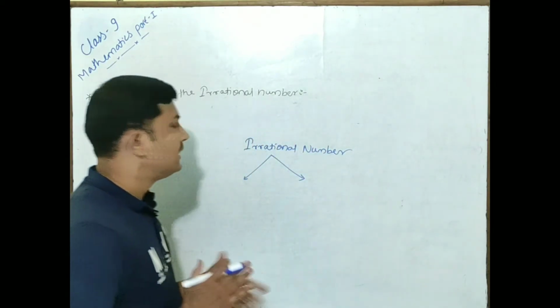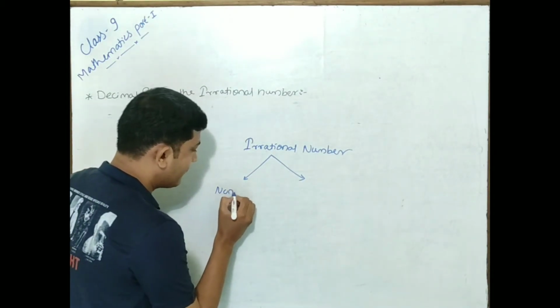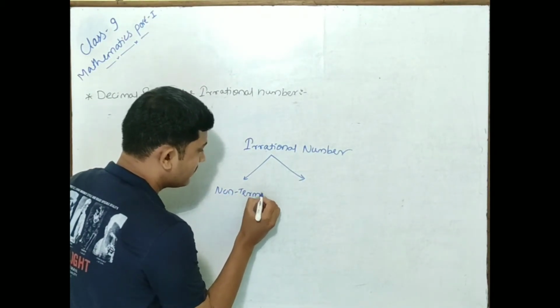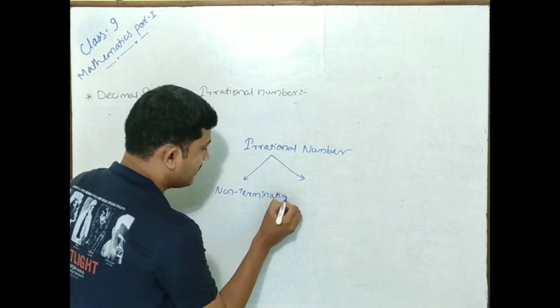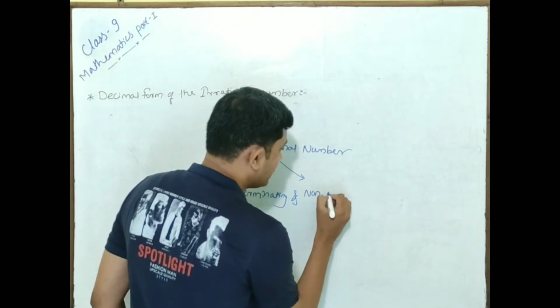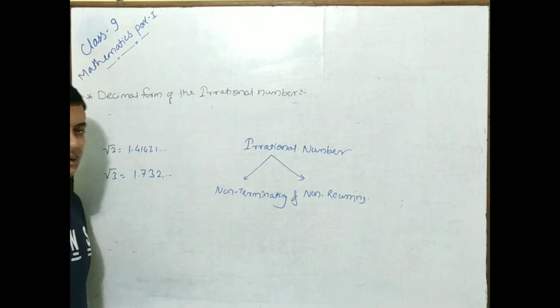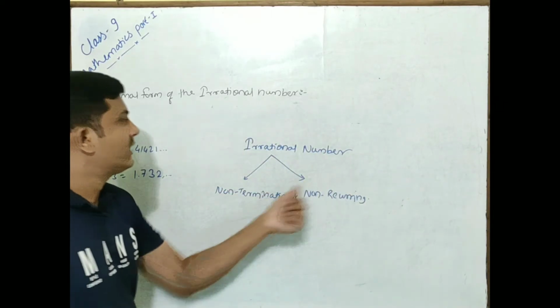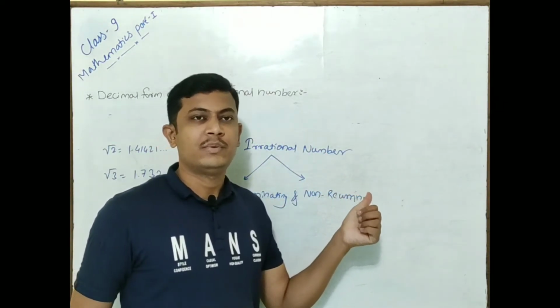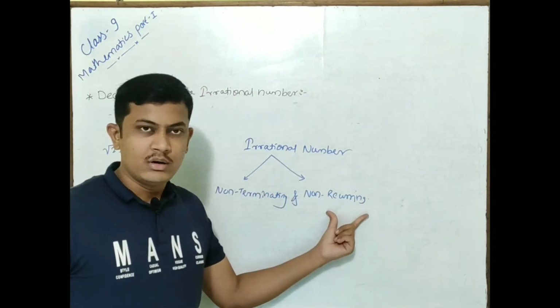But in terms of an irrational number, it is non-terminating and non-recurring. In short, we say that if an irrational number comes, its decimal expansion or decimal form is non-terminating and non-recurring.